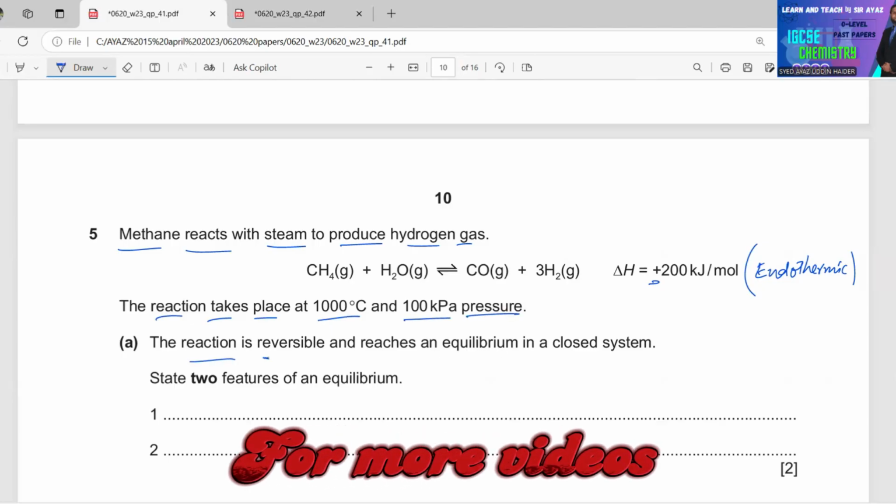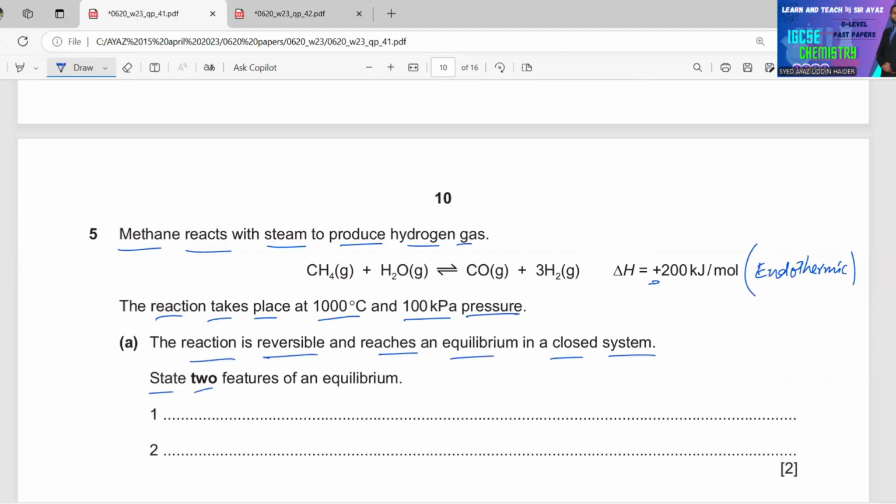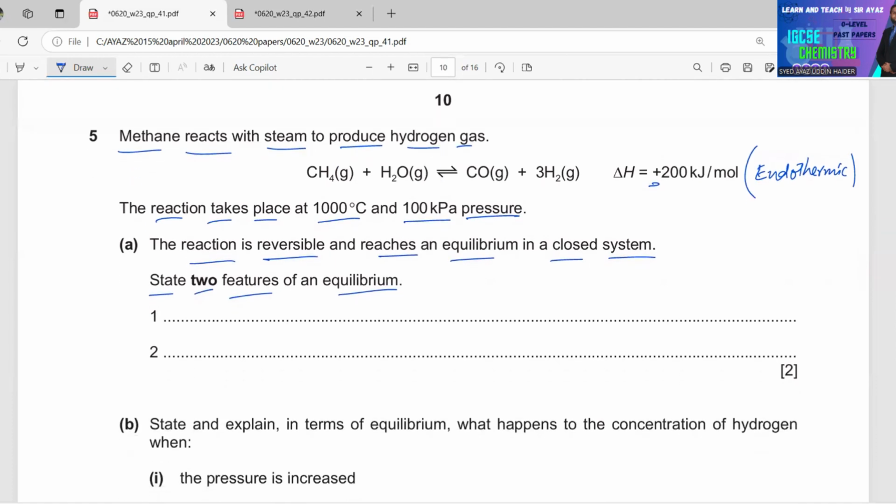A. The reaction is reversible and reaches an equilibrium in a closed system. State 2 features of an equilibrium. One of the features is the rate of forward reaction is equal to the rate of the reverse or backward reaction.